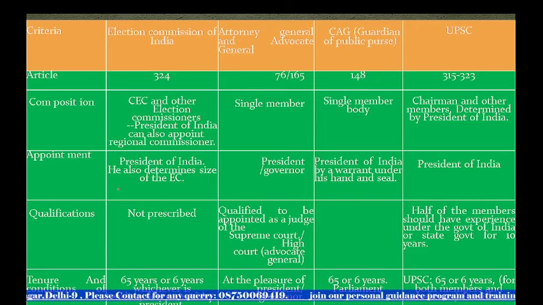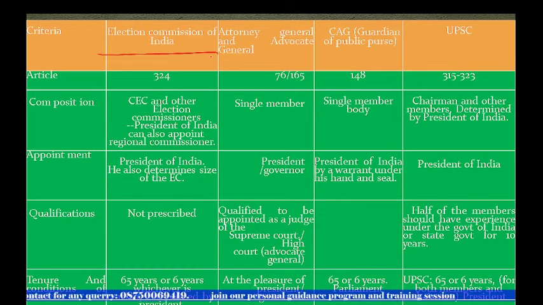These bodies have been mentioned in the Constitution, like the Election Commission of India, Attorney General and Advocate General, CAG, who is called the guardian of the public purse, and UPSC. These are the articles in which these bodies have been mentioned.